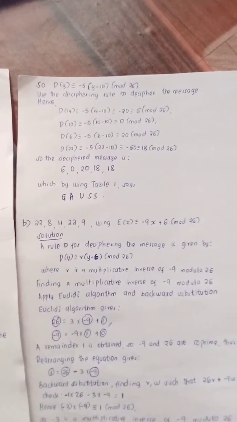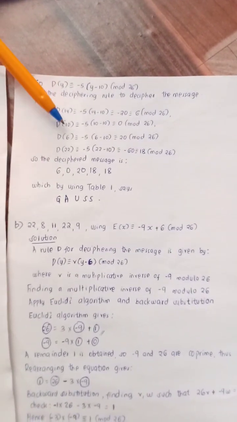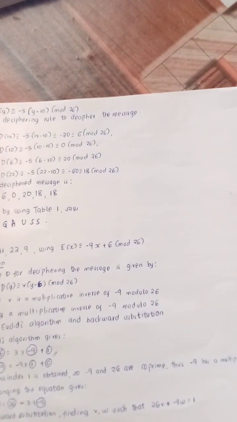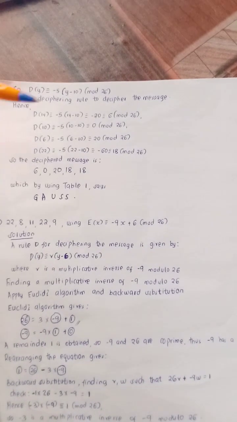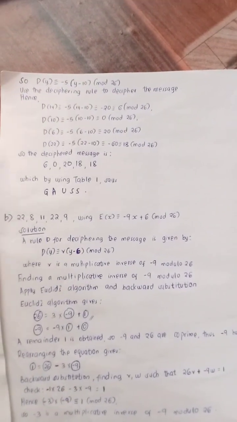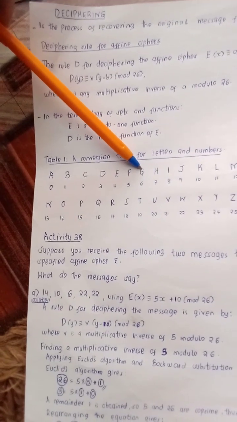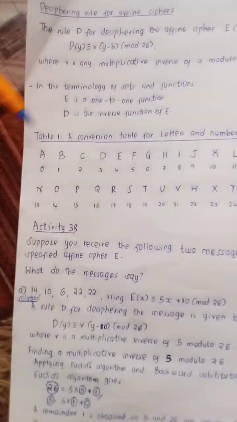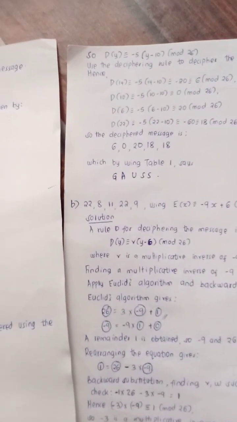So the deciphered message is 6 representing 14, 0 representing 10, 20 representing 6, 18 representing 22, and the last one was also 22, so we don't need to calculate again; it's 18. Using table 1, we look at which letter each integer represents: 6 is G, 0 is A, 20 is U, 18 is S, and the last 18 is also S. So the message we get is GAUSS.